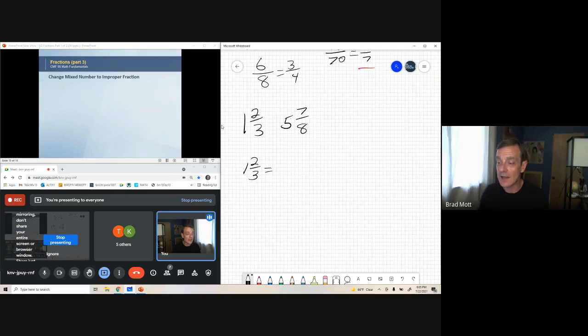And we do that by multiplying the denominator by the whole number and then adding the numerator. So 3 times 1 is 3 plus 2 is 5. You keep that denominator. So 1 2/3 is equivalent to the improper fraction 5/3.